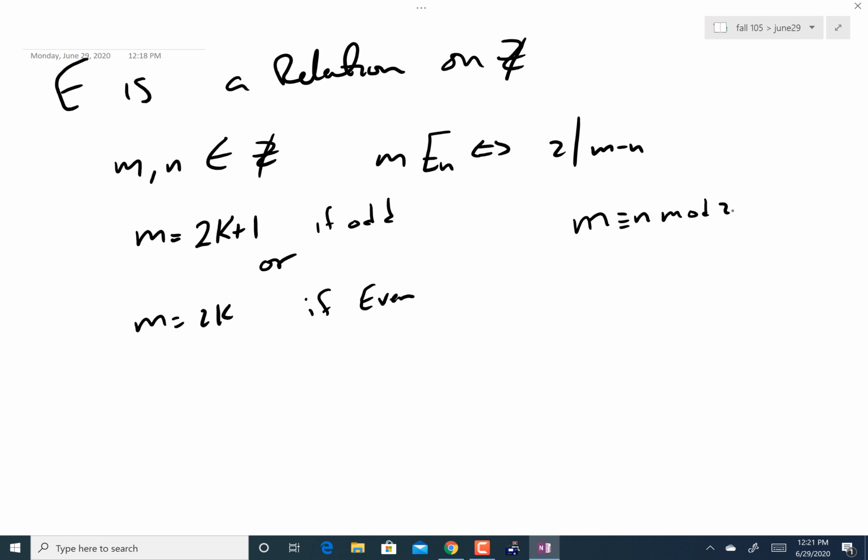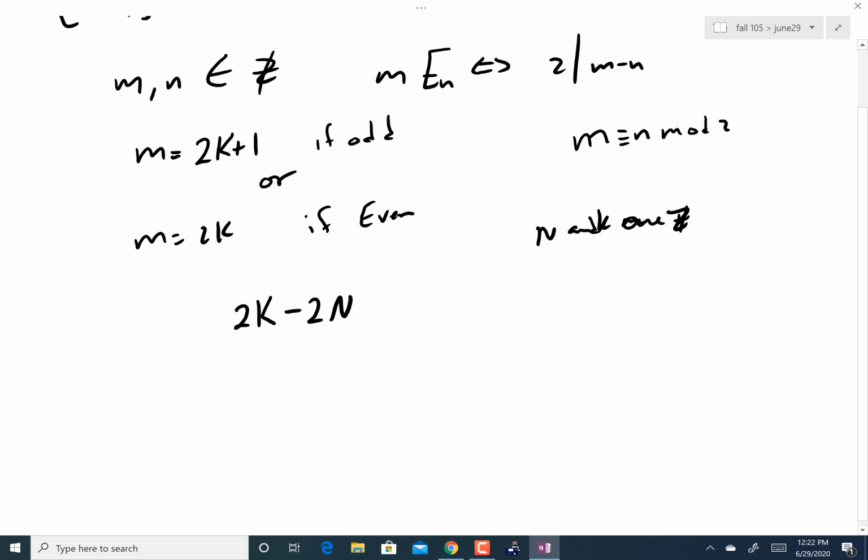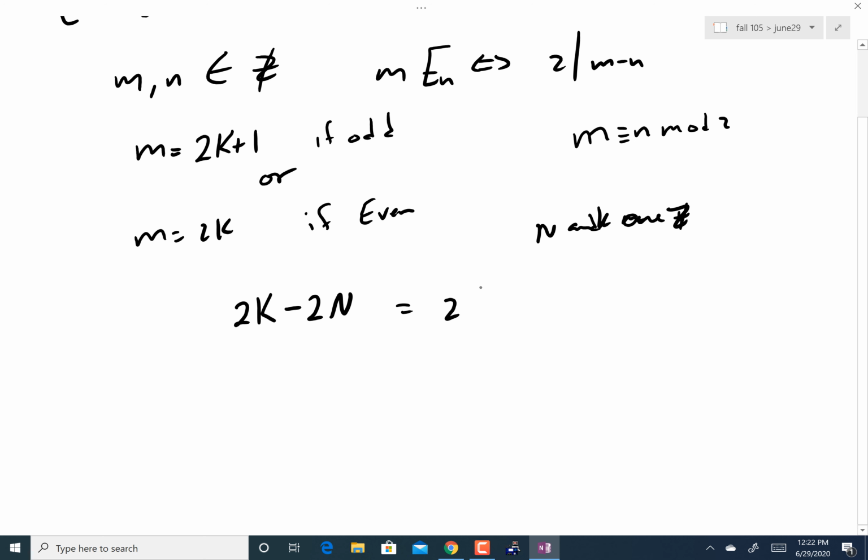Okay, well, that's cool. So if you think about this, what are you saying? Well, either they're both even, in which case you're going to have 2k minus 2n, where n and k are integers. So this could be written as 2 times k minus n. But k minus n, an integer minus an integer, is also an integer.